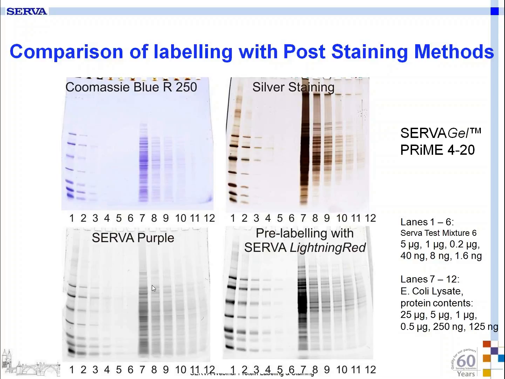On SERVA Purple and Lightning Red, you have this good linear dynamic range, and even with SERVA Purple, you have a better sensitivity, let's say line 5 around that, than silver staining, and even better, a very nice picture we have here, the pre-labeling with the SERVA Lightning Red.